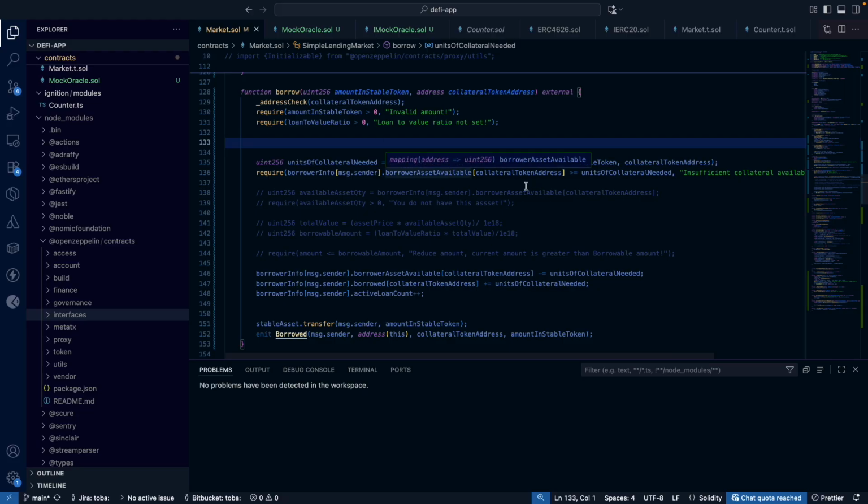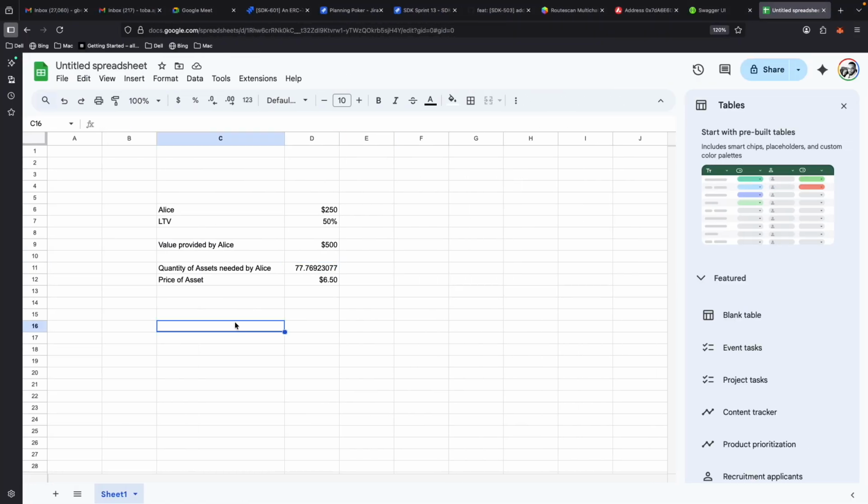So imagine someone has, let's come to our Excel sheet. Imagine someone has the value of their assets is $1,000. This is their collateral assets. The value of their total collateral assets is 1,000. Loan request is 100. At an LTV of 50%, how much should they hold?